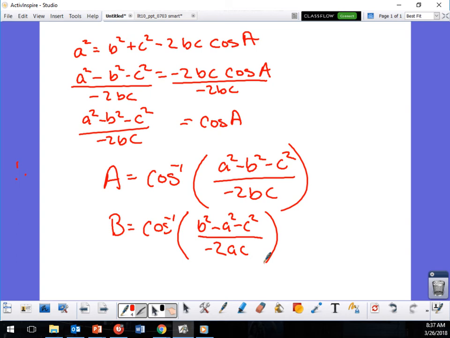Do you see the pattern? Do I need to do it again for C? You just use the other two variables. For your formulas, hopefully you're not on your phone, you're writing down the formulas because these are not in your notes.